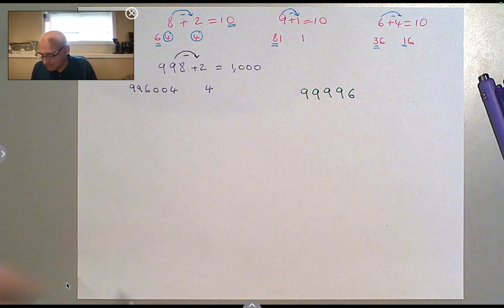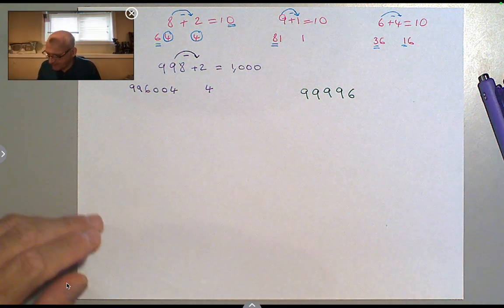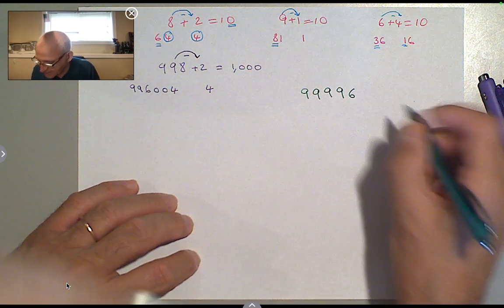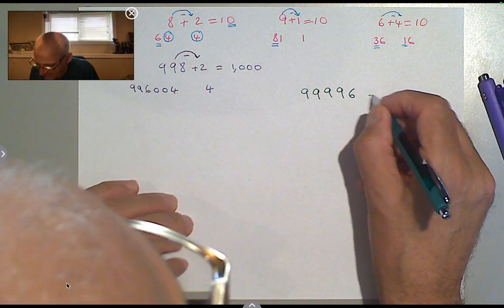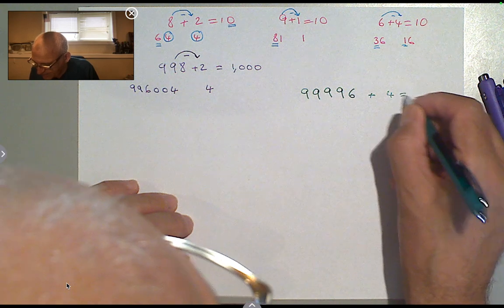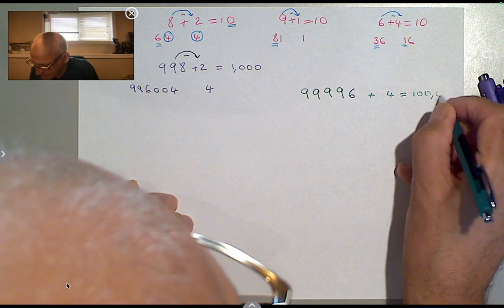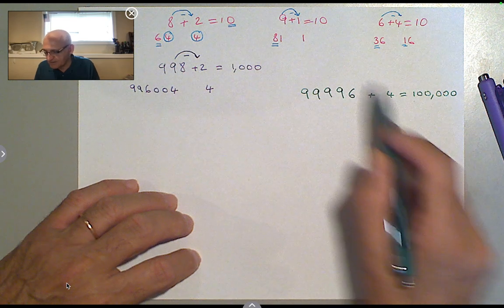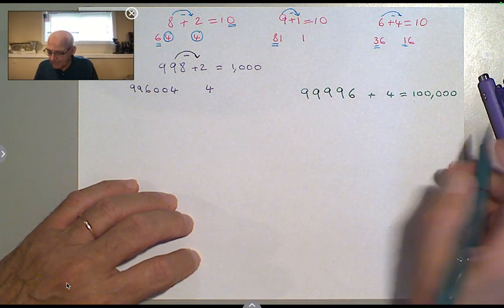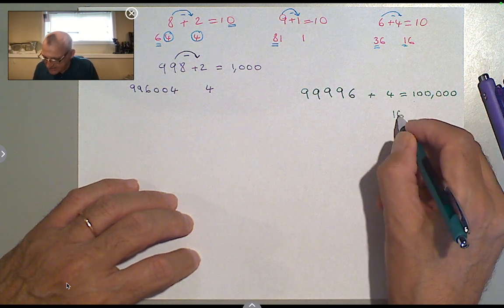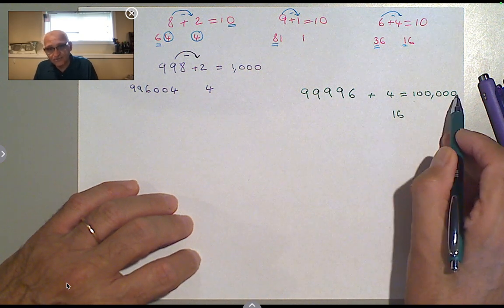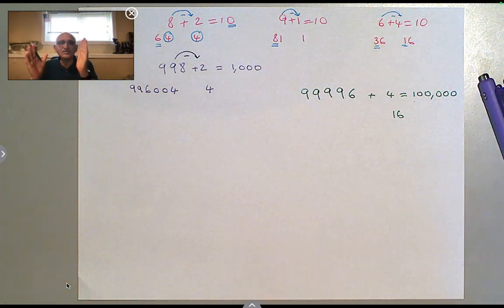Okay, so if you did that and you have an answer, we can check it. You could have already checked it with your calculator, by the way. I know that if I add 4, I will get 100,000, right? Because these are, again, 5 digits, so when you add, you will get 5 zeros. 4 squared is 16, but 16 is only 2 digits, and here I have 5 zeros, so I have to write 16 using 5 slots.